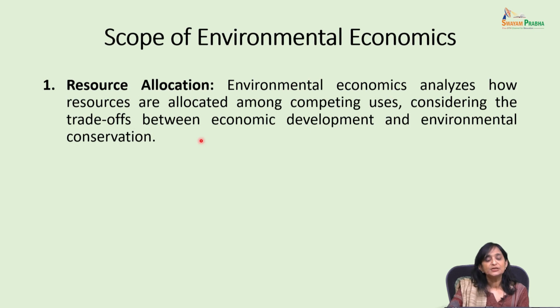You either can have complete economic development disregarding what is happening to the environment, or we can just conserve the environment and do nothing for the economy. And nobody would talk about such a policy. Hence, there has to be a trade-off between how much development and how much environmental conservation.